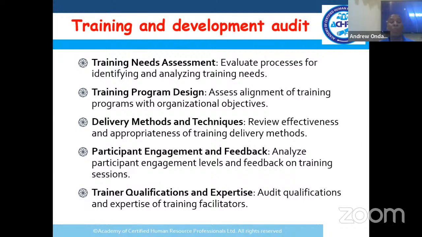Two, the number of trainings they have conducted before. And three, the results that they have produced, so that we can pick them. So trainer qualification is key, because we want the right skills and knowledge to be imparted to our employees.